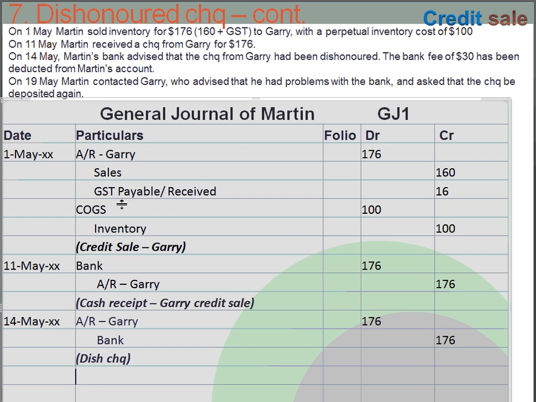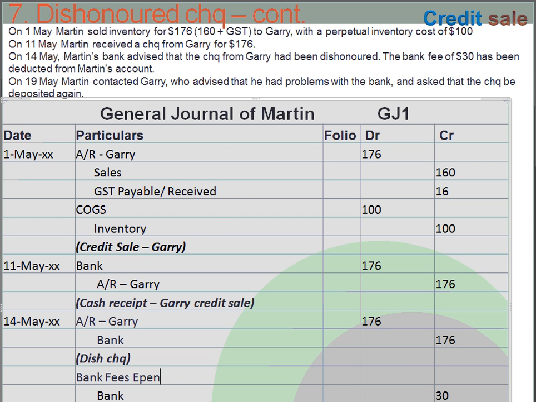Guess what? The bank also gave us $30 fee. Again, the fee comes out from the bank account, so the bank account will go down by $30. Okay. What we need to do, we need to work out if we can bill $30 back to Gary. If we can, we will debit accounts receivable. If we cannot or we do not want to, then we can say bank charges, bank fees, some sort of a reasonable description for this expense account.